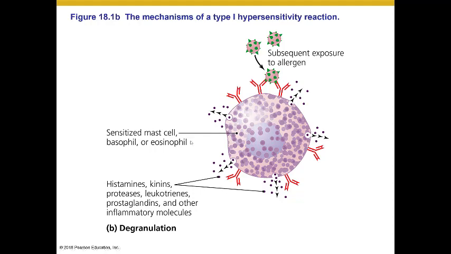So like histamine, leukotrienes, other things, all those things that are going to cause immune responses or immune symptoms. So like runny nose, watery eyes, itchy watery eyes, itchy throat.